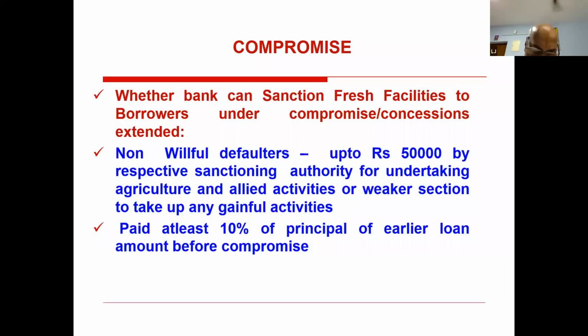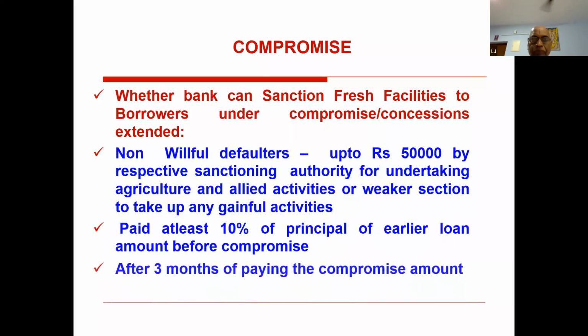The borrower should have paid 10% of the original loan principal amount before OTS. Second, you can give this 50,000 loan only after 3 months are over after he has paid the compromise amount.